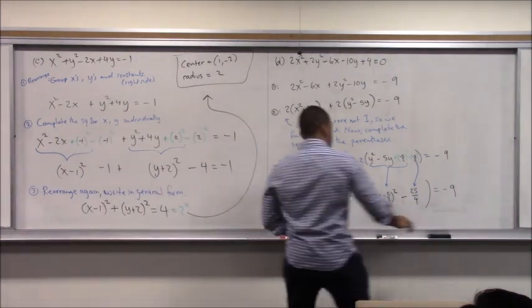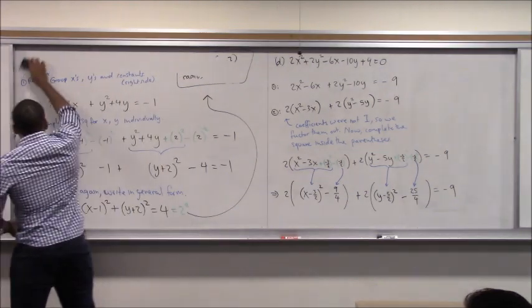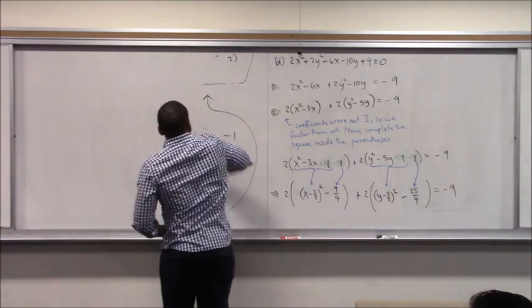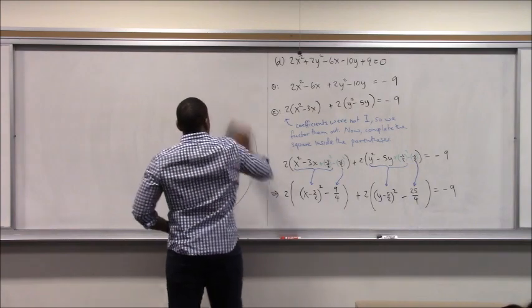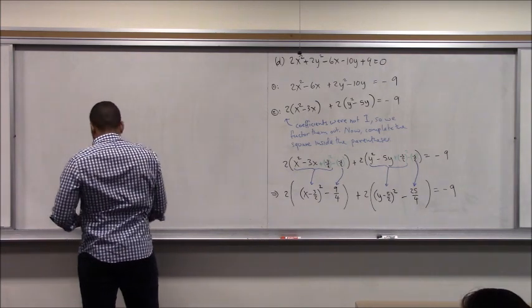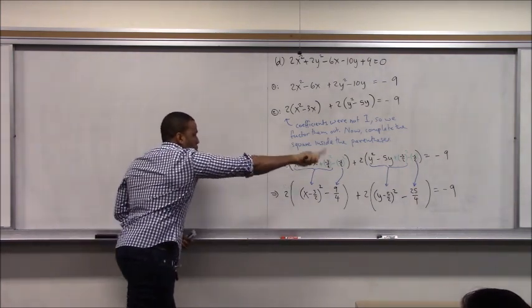Okay, so now we're in the last step. We have to rearrange now. So we have to multiply out, rewrite in the standard form. I'm going to start to multiply out these 2's.